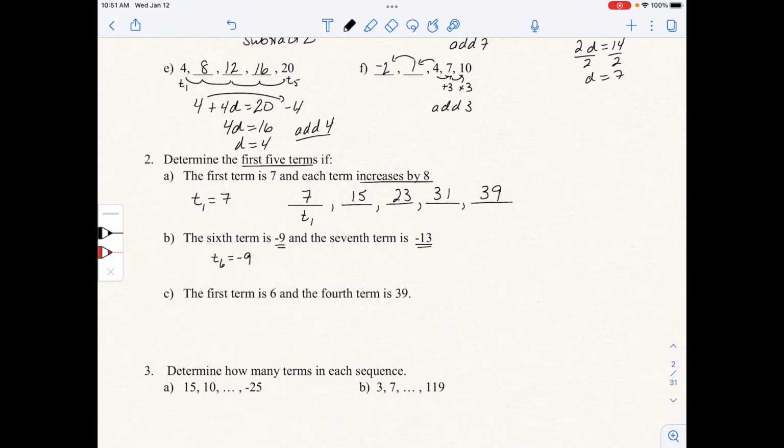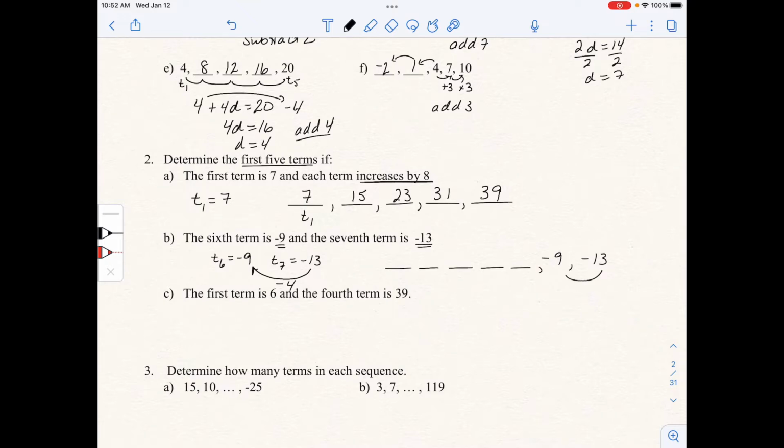If the 6th term is negative 9 and the 7th term is negative 13, so if T6 is negative 9 and T7 is negative 13, the difference between those, to go from negative 9 to negative 13, that's a subtract 4, isn't it? So term 1, 2, 3, 4, 5, term 6 was negative 9 and term 7 was negative 13.